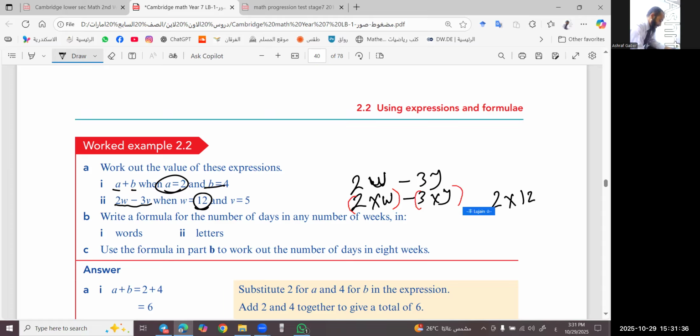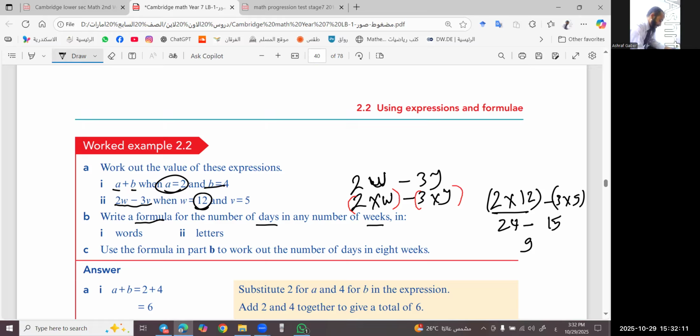And we can write without brackets, but the best is to write with brackets. So 2 times 12 minus what? 3 times what? Times 5. And put the bracket. And get the answer of this, which is 24 minus 3 times 5 equals what? Equals 15. And 24 minus 15 equals what? Equals 9.